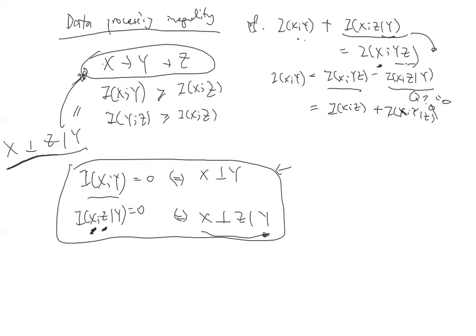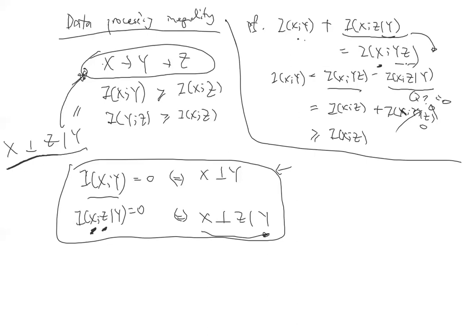Unlike entropy: if you write log p(x) and do an integral like this, log p(x) can be negative in general, so the integral can be negative, but mutual information is always positive. So anyway, this is positive, so this is bigger than or equal to I(X;Z). So this is a very simple proof of the data processing inequality.